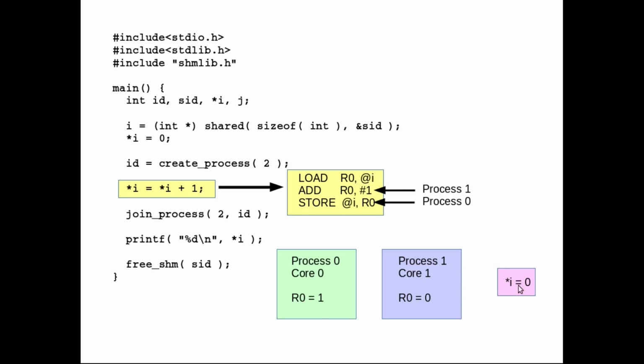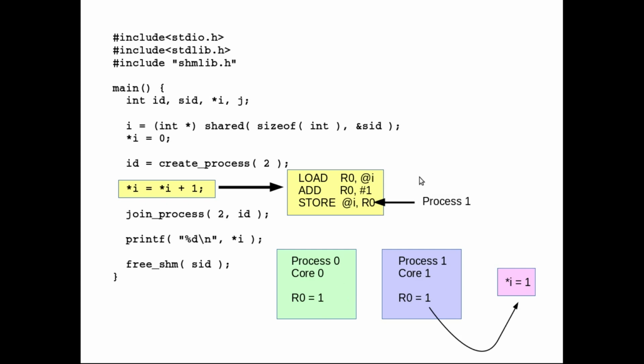So the shared variable will become equal to 1, and at the same time process 1 is executing the add instruction, and hence R0 of core 1 will be incremented by 1. So R0 of core 1 will be incremented to 1 because of the add instruction, and that's what we see happening. The value from R0 of core 0 is stored into the shared variable I, and at the same time R0 of core 1 is incremented to 1.